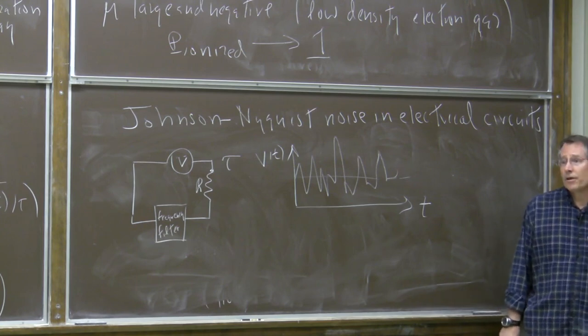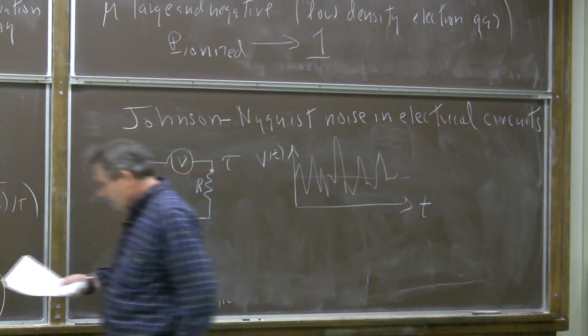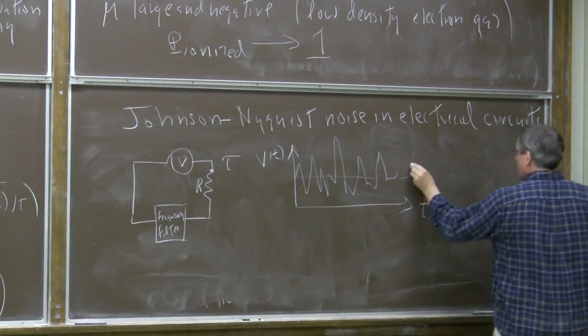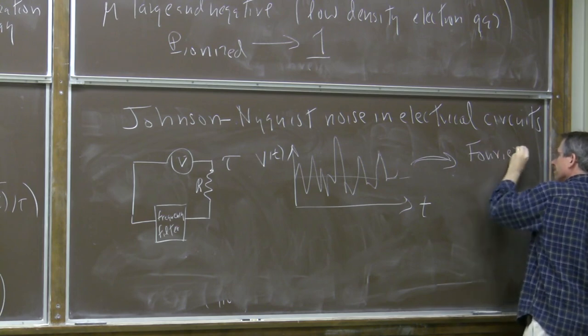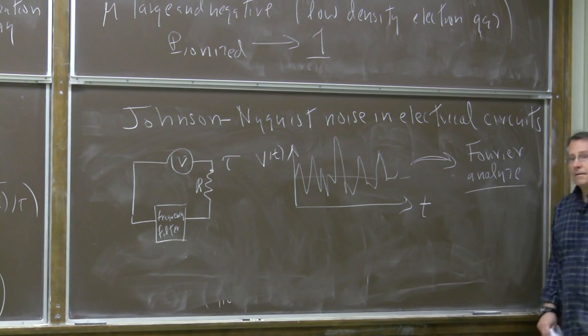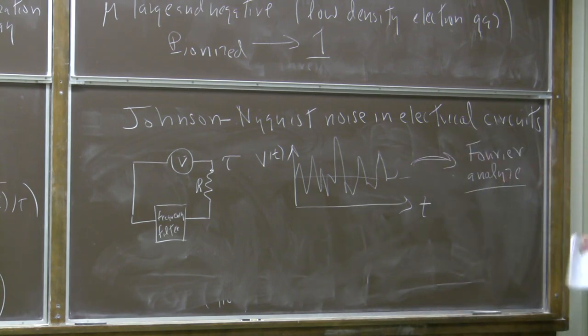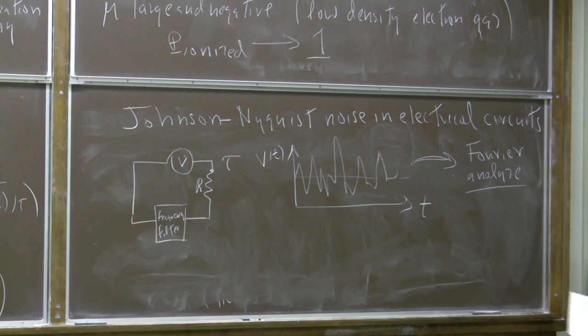They really are random fluctuations, sampling some distribution. And so we can imagine taking such a signal and then Fourier analyzing it. So we get some distribution in frequency space, some probability, some weight for each one of the frequencies. And then add up the contributions only from the frequencies in a certain band.